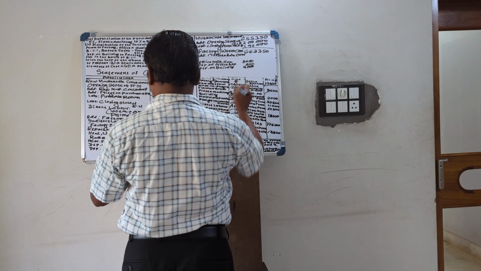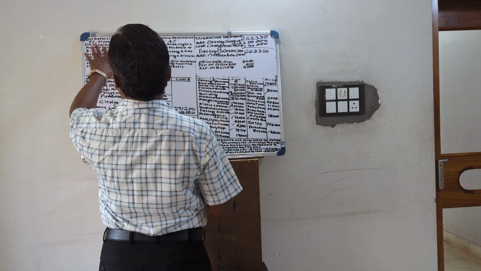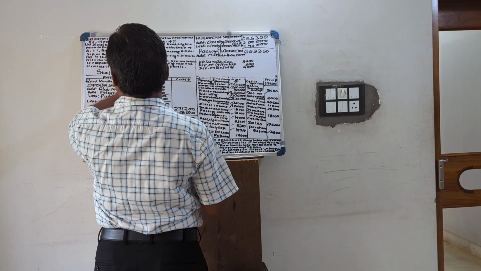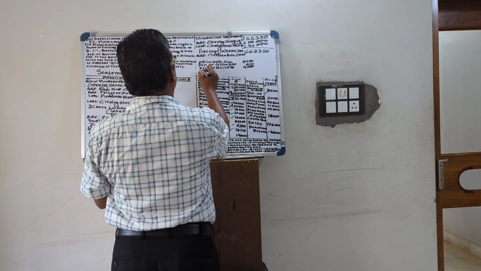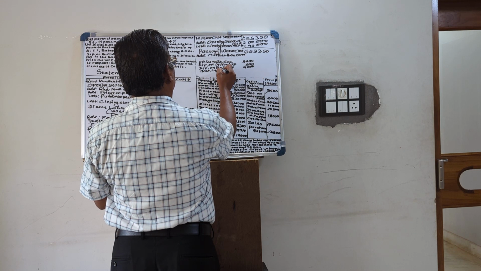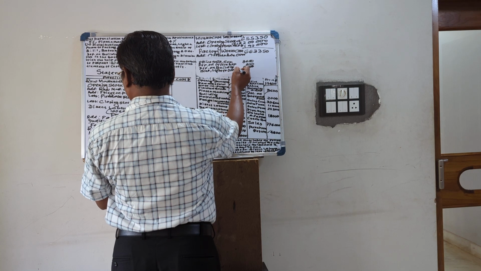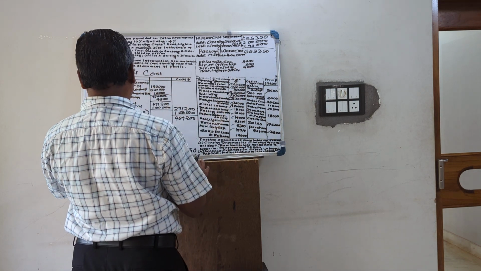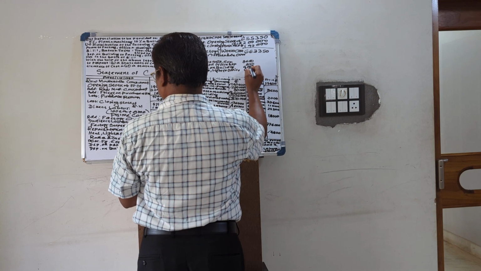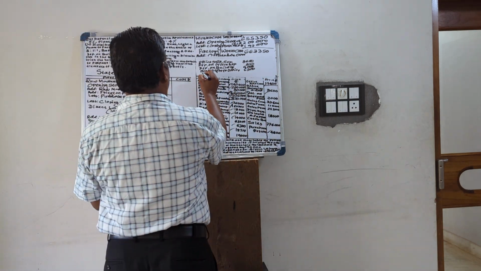Then heat, light and power to office. The amount is approximately given, 1/10 into 65,000, that is 6,500. Then another is rates and taxes, 1/3 of 6,000, 2,100.